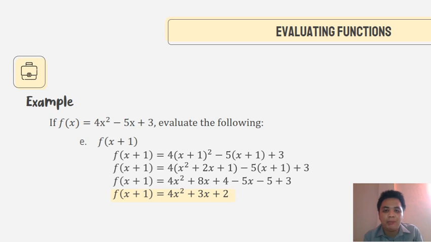And lastly, operate mo yung constant, which is yung 4, negative 5, and 3. So, 4 minus 5, that's negative 1, plus 3, that's positive 2. Therefore, our final answer for f of x plus 1 is equal to 4x squared plus 3x plus 2.